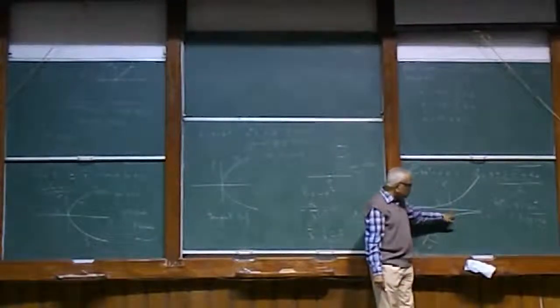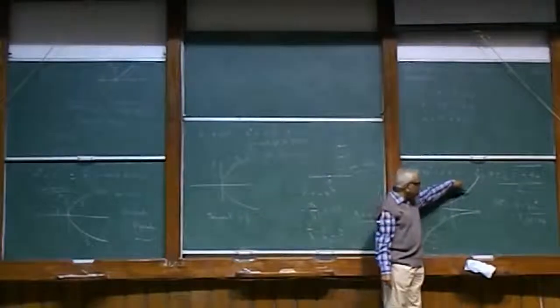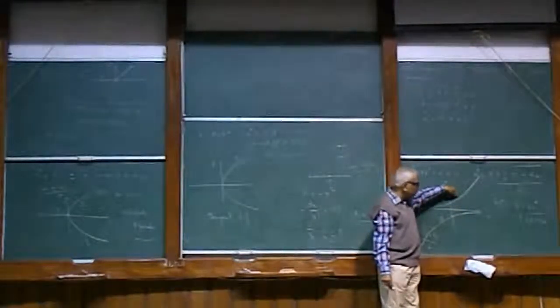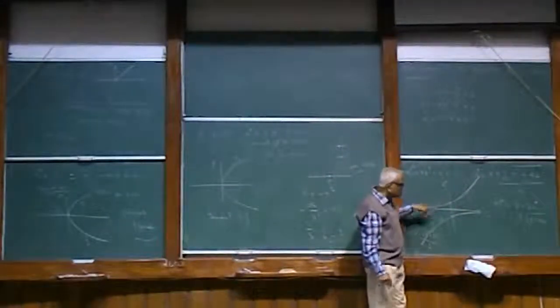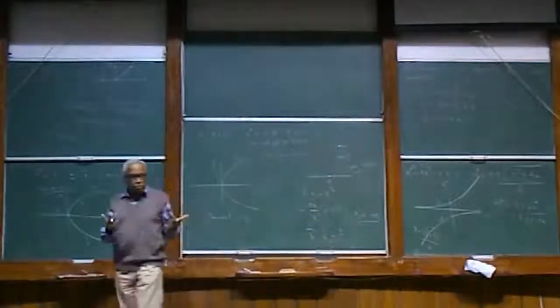But if you start out anywhere between this line and plus infinity, you are going to end up on this branch over here, which is the same branch as this. So there is no changeover from one branch to another.